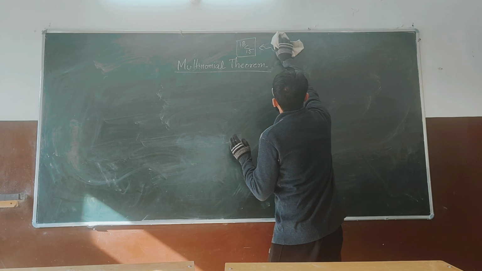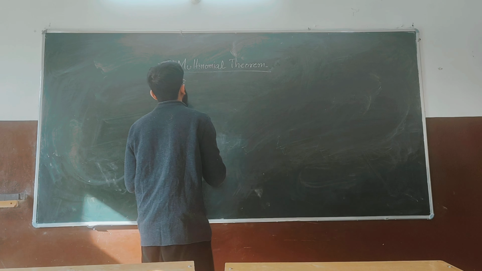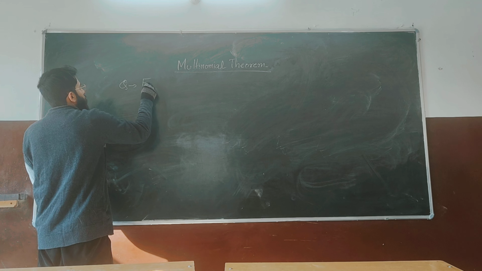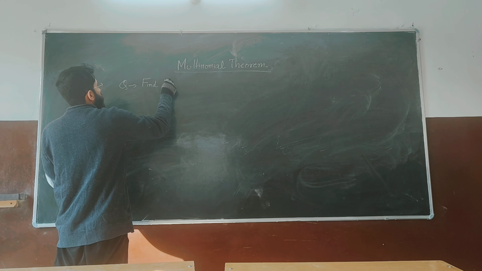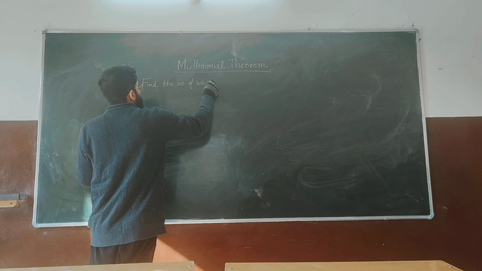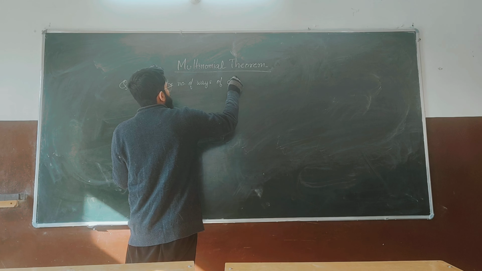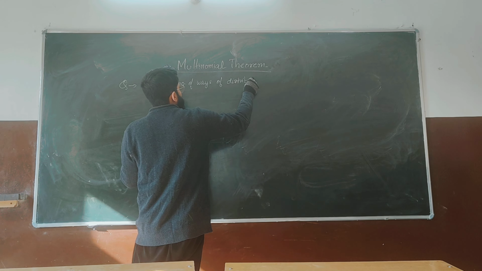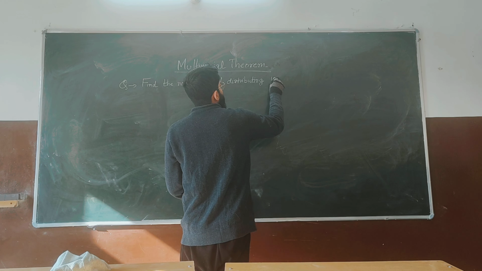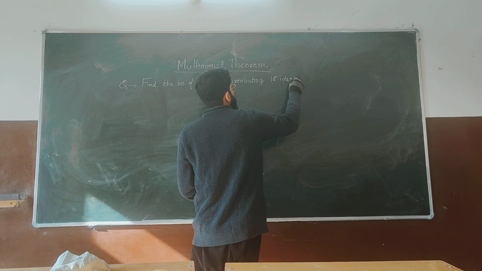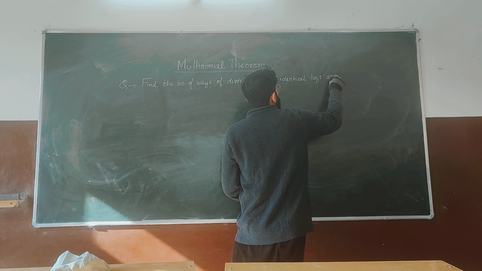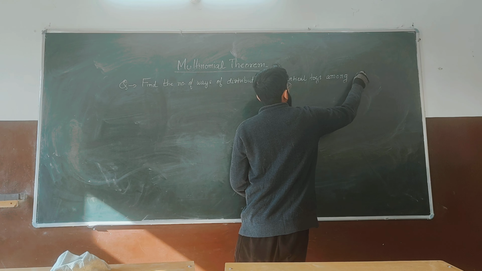So this time I will phrase the question differently. I will say the question is, find the number of ways of distributing 15 identical toys among 4 children.